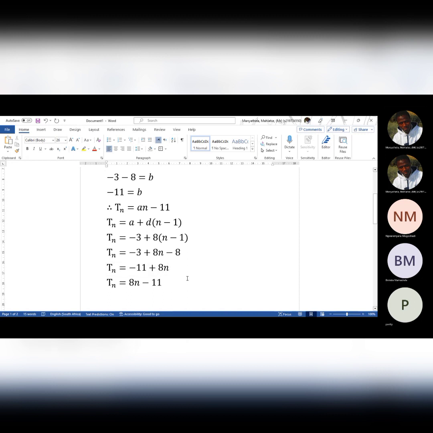So we are done with working question 3.1. I'm sure you are all familiar with this step. Number 2, you are in sigma notation.